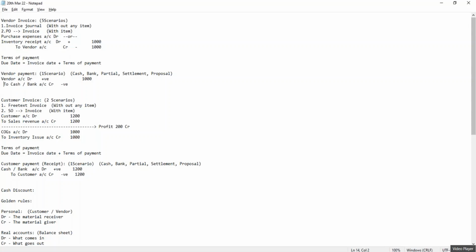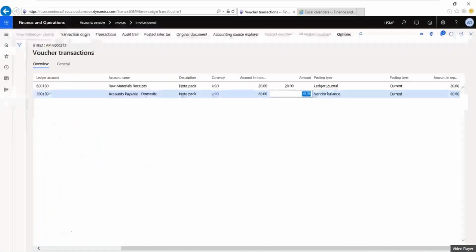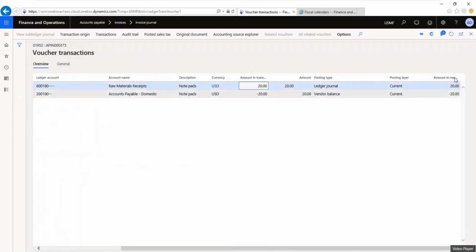So here there is no sign, but the front is debit and the back is credit. In this other one it is showing positive and negative, but only here it is showing the front as debit and the back as negative.